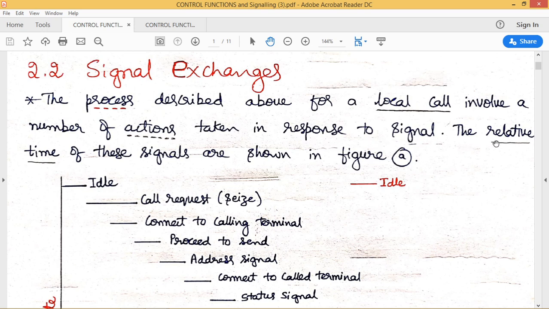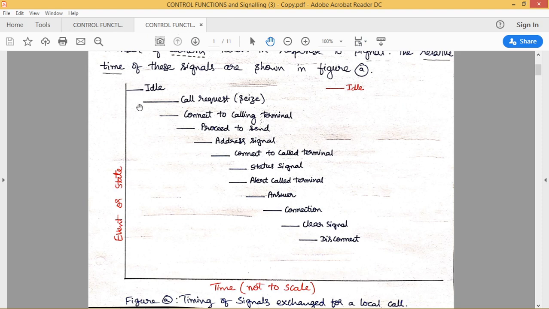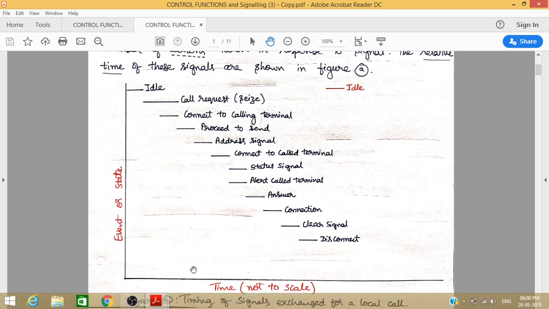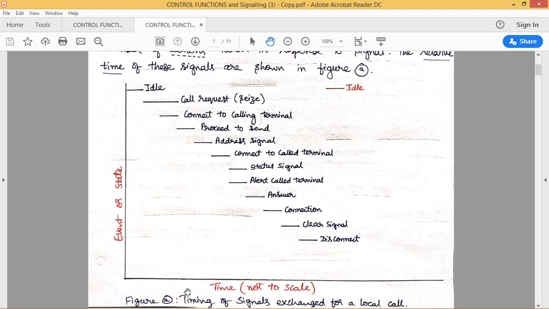With respect to the relative time of these signals, we can consider a figure A, in which it is shown how the timing of signals varies with respect to establishment of a local call, and how signals are exchanged between the exchange and the end user, whether the calling person or the called person.